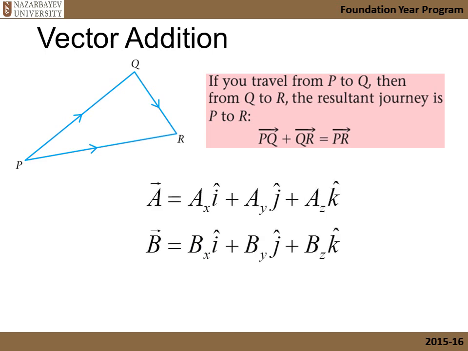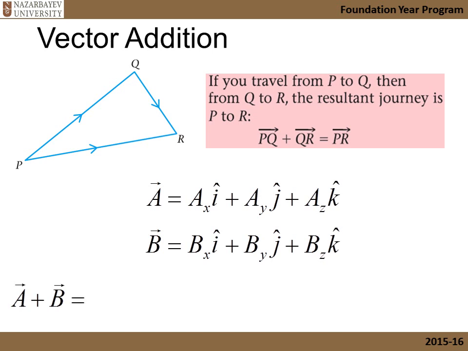If our vectors are expressed using the unit vectors i, j, and k as the following: A equals AX i plus AY j plus AZ k, and B equals BX i plus BY j plus BZ k, we can calculate the sum A plus B as the following.